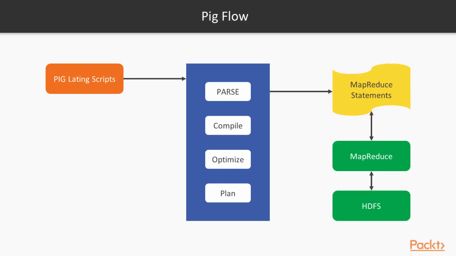As a part of the translation, the Pig interpreter performs optimization to speed up execution on Apache Hadoop. So firstly, Pig parses your query, compiles it to bytecode, and optimizes your query because some predicates, like for example filter, could be pushed up, and then executes the plan using the MapReduce engine. And also it can save data to HDFS.